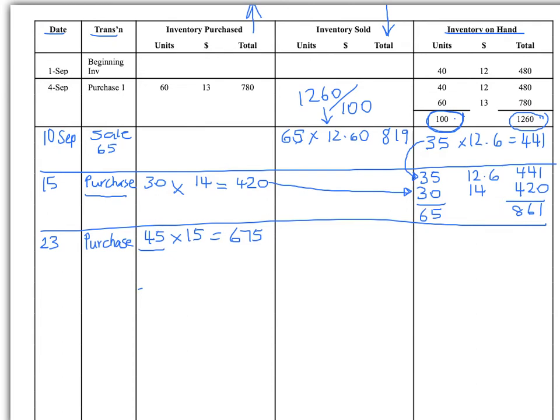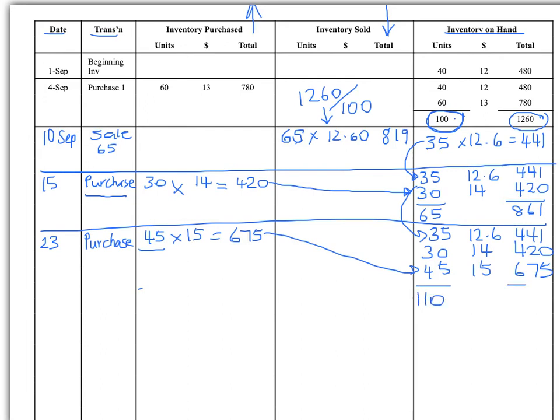So now I'm going to copy all of this balance down here and I'm going to copy my new purchase underneath. I wonder how many units I have now. Let's add them up. I've got 110 and that's my total cost.